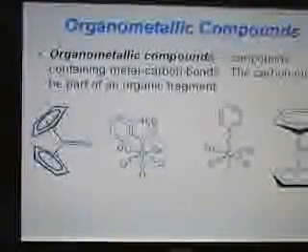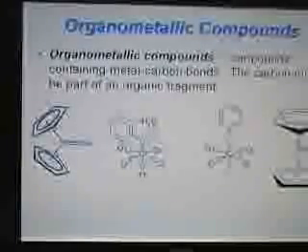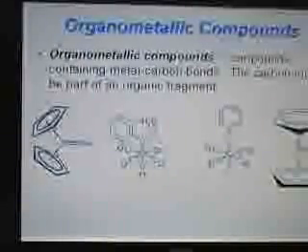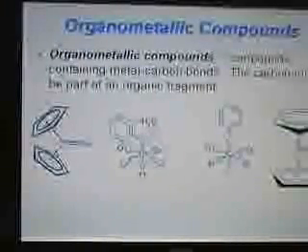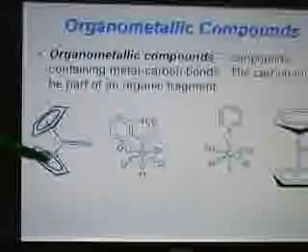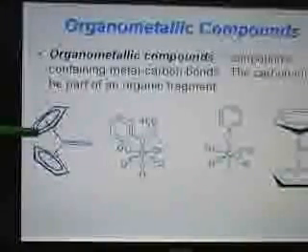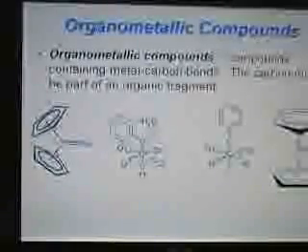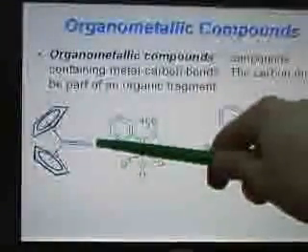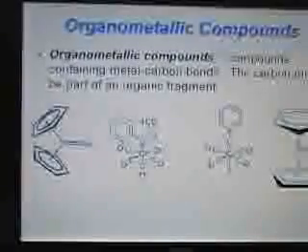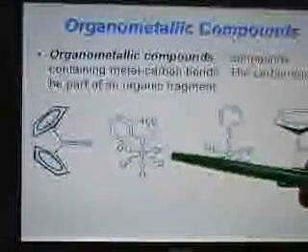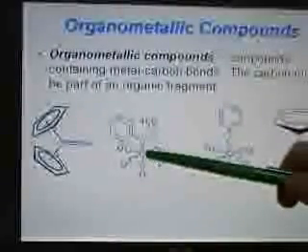Remember that organometallic compounds are compounds that contain metal carbon bonds. The carbon must be part of an organic fragment. And I'm giving you examples here. So in this first example, you see titanium bonded to two cyclopentadienyl rings and double bonded to a CH2 group. In the second example, you see chromium.